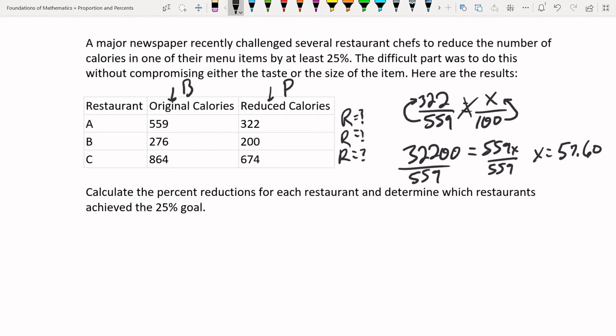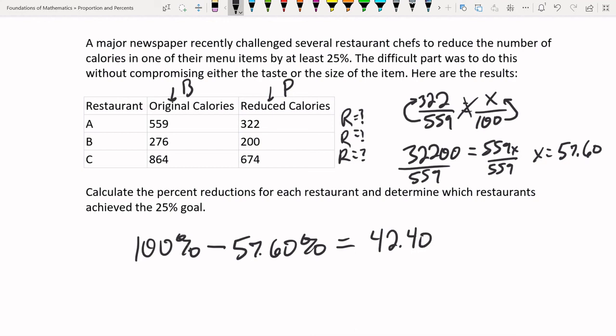Now, is this a decrease of 25%? It is. We can see that by taking 100% and subtracting 57.60. This tells us how much of a decrease it is. And that'll give us 42.40, I think.